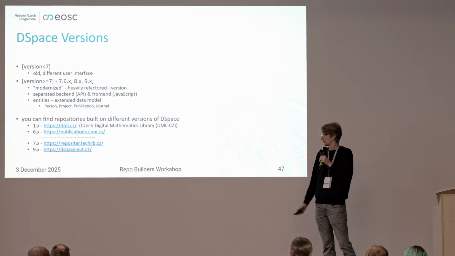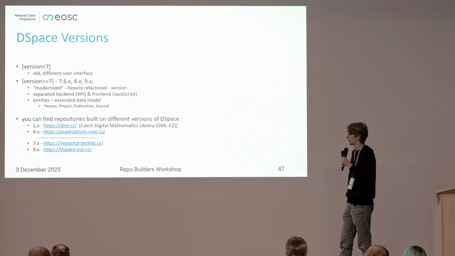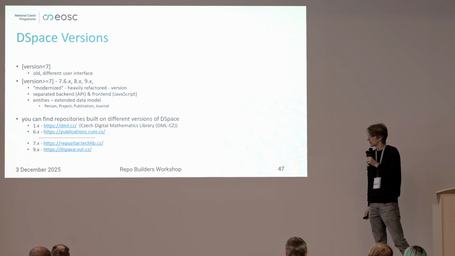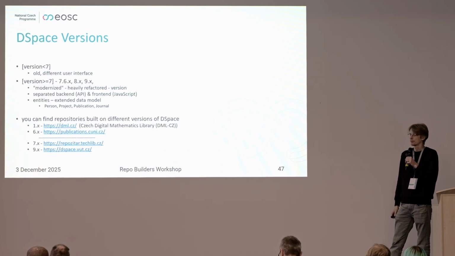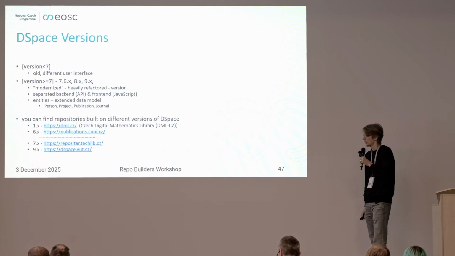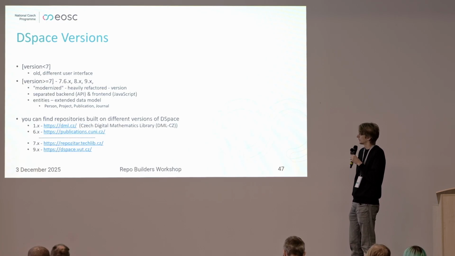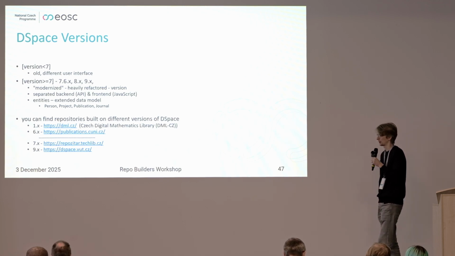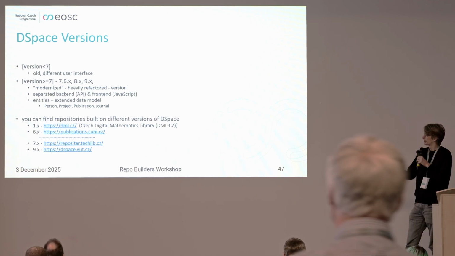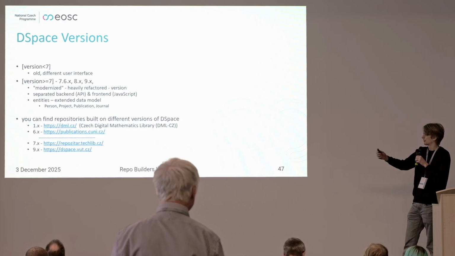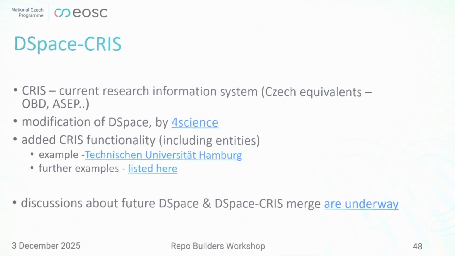And from the newest version, I've seen this 9.x version at VUT in Brno. It may be slightly confusing, the versioning. They recently changed it, so they plan to create a new version every year with a new number. Before that, it was a bit more complicated, especially with the change to version 7.